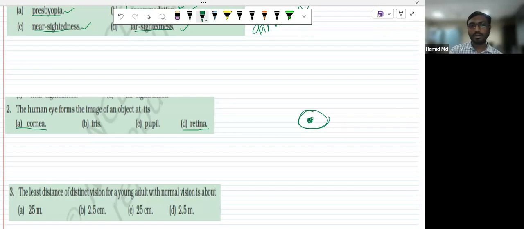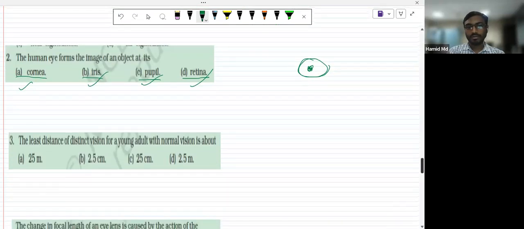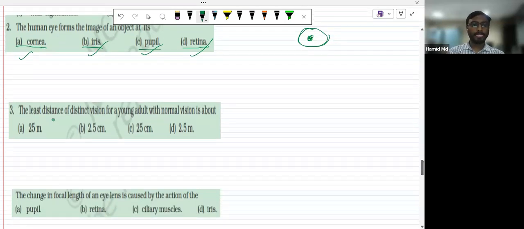That's the cornea, right? What is the iris? We already discussed the function and uses of all these. So as you see the word, the concept should be clear in your mind. You have to revise it again. You didn't revise it, I think.